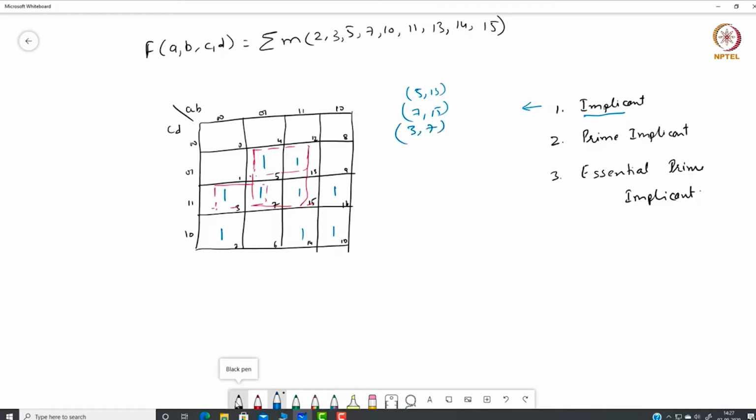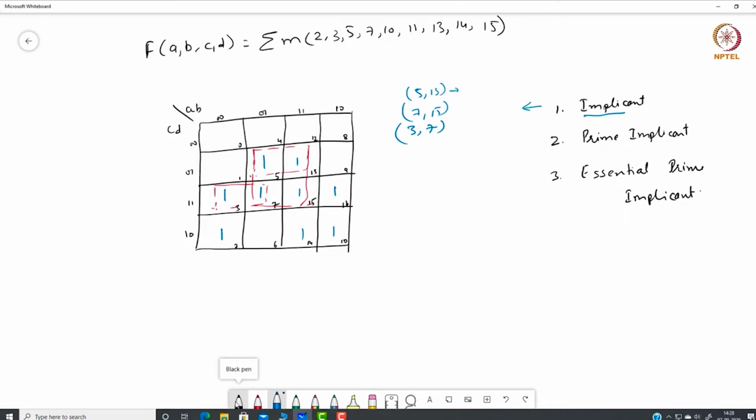So there could be numerous possibilities of these implicants, each group, and corresponding to each group there would be one product term. So all of these product terms are implicants of this particular function. Now to make our minimization systematic, on top of implicant we also define a term which is called prime implicant.